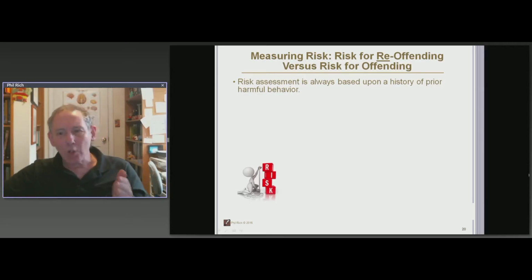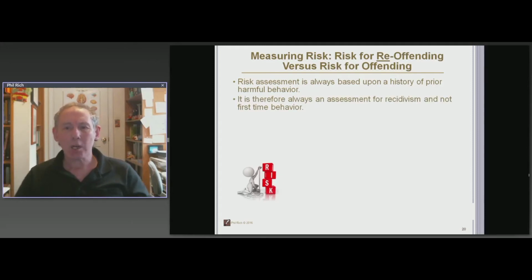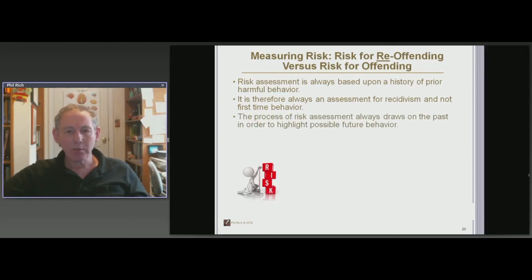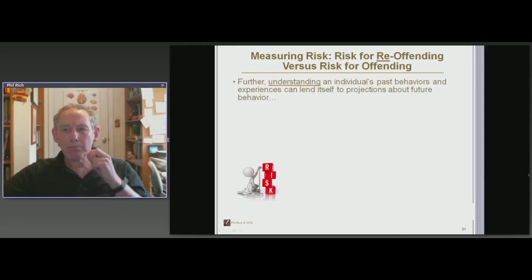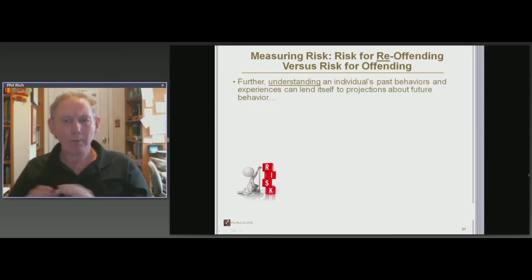I've said already, it's always going to be based upon really a risk for sexual recidivism, that is, reoffending. It's always based upon a prior history, so it's an assessment of recidivism. It draws on the past potentially to link the future to the past, to see a trend line, and that's the static element of risk assessment. But going beyond that, it's not just a matter of bean counting here.